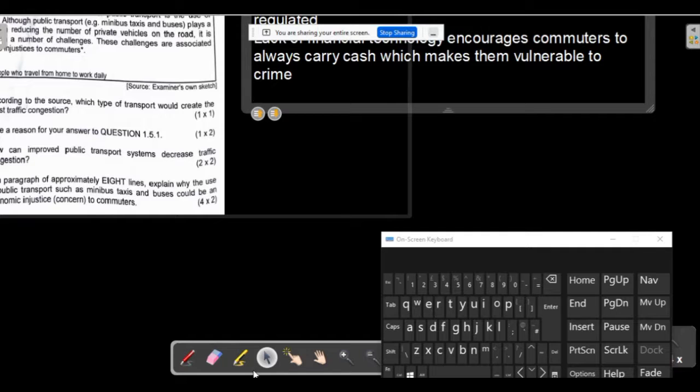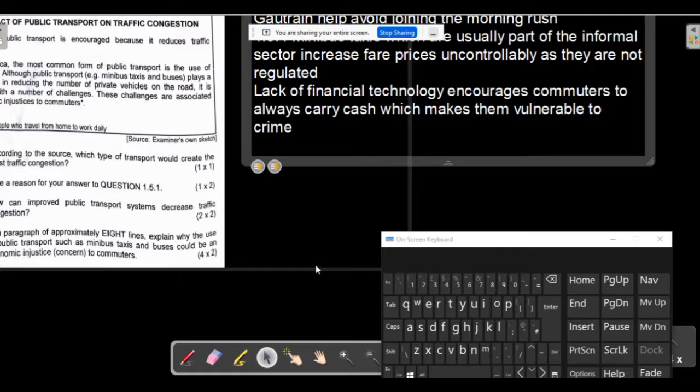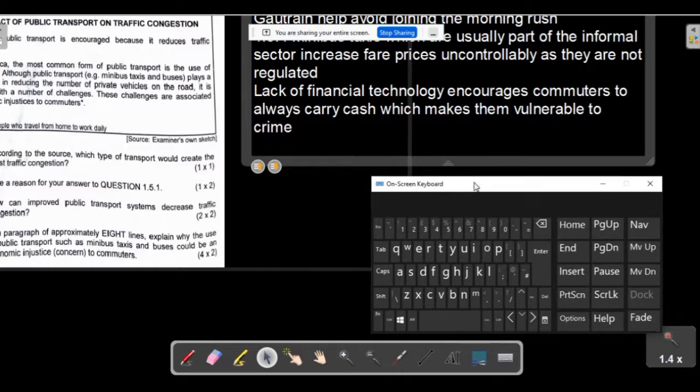We can also say that the competition for market share between minibus taxis and buses actually forces or increases the fare prices as well. Okay, so let's write that down.